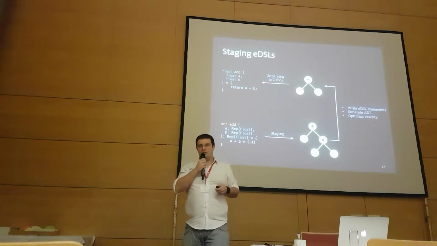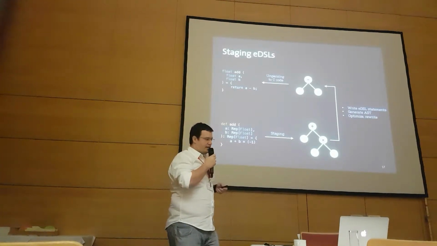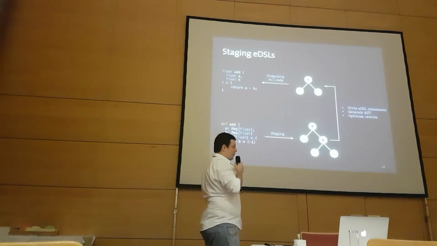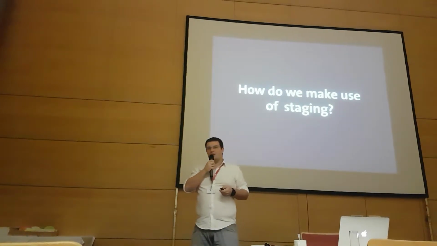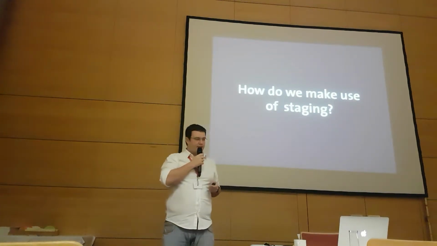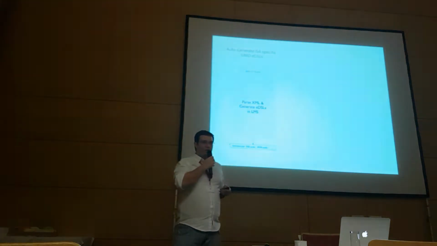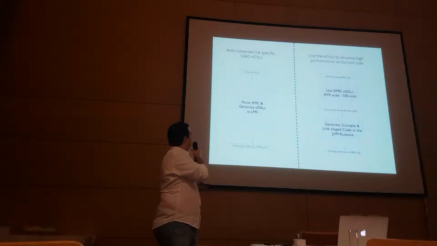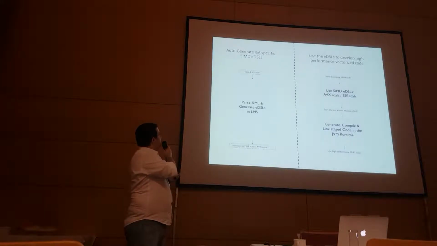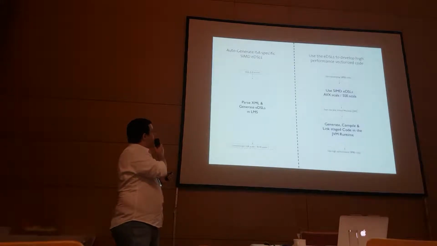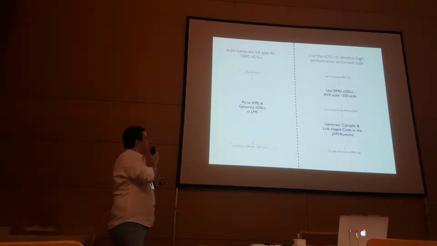So now that we have introduced the intrinsics and we know what staging is, the question is how do we make use of this process in our task of porting the intrinsics? Well, our approach is in fact twofold. In the first step, we take the XML file that I mentioned before, we parse it, and we generate a bunch of DSLs.